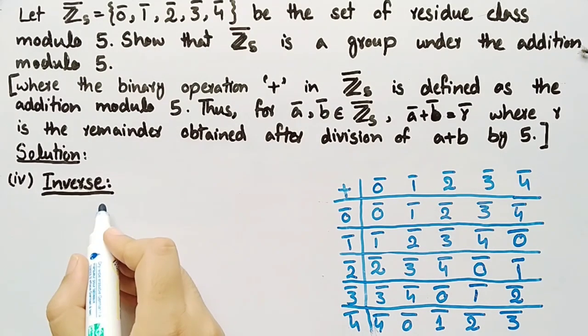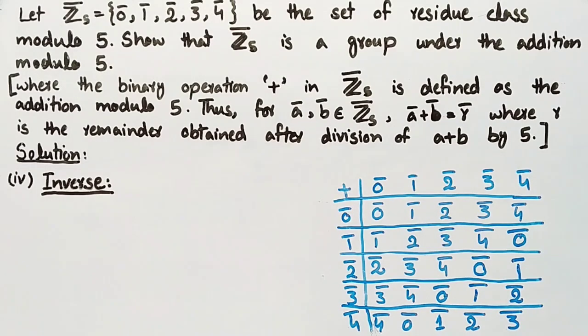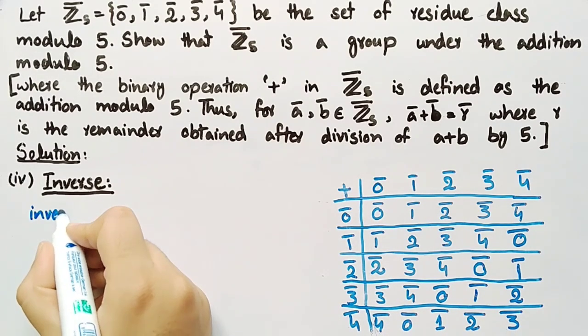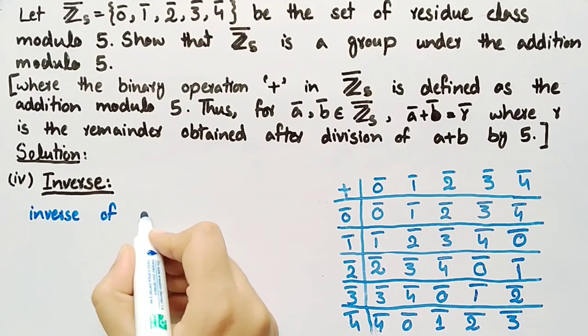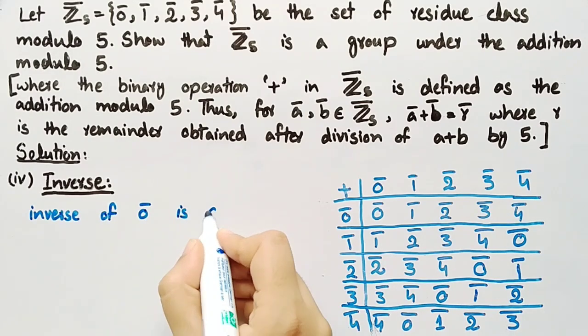Fourth axiom is the existence of inverse. When we apply binary operation on two elements of a set and get identity, then those two elements are inverses of each other. Here the identity element is 0. So when we add 0 and 0, we get identity element 0, which means that inverse of 0 is 0.